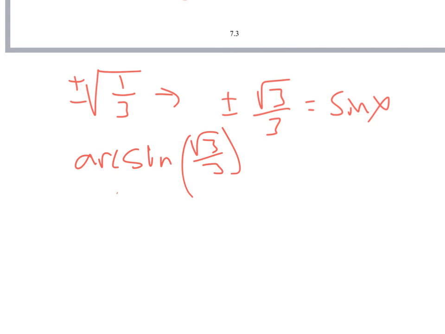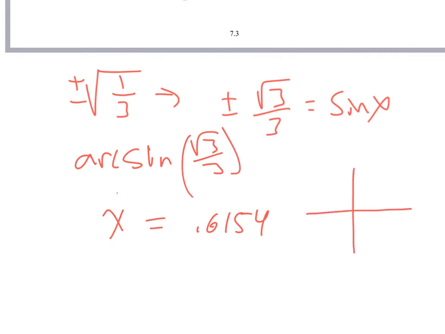So let's see, arc sine of square root of 3 divided by 3. My calculator is telling me that that's equal to 0.6154. And that's what x is equal to. Now, I know it can be plus or minus.